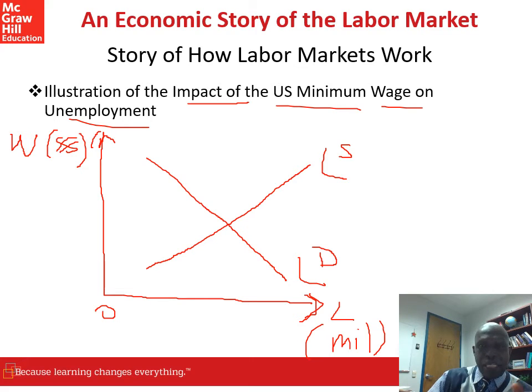And the labor market is in equilibrium at this point, where you have the equilibrium quantity of workers, let's call that L star, for instance, 50 million. And here, the equilibrium wage rate, let's call that W star, of $15 for instance.